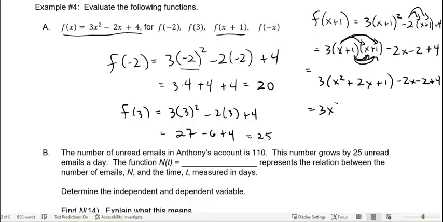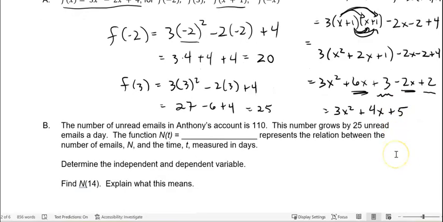A lot of work here. 3x squared plus 6x plus 3. If I distribute the 3 minus 2x minus 2 plus 4, I guess that's plus 2. And then from here I combine like terms, right? Those are like terms and these guys are like terms. And I get my final answer, 3x squared plus 4x plus 5.